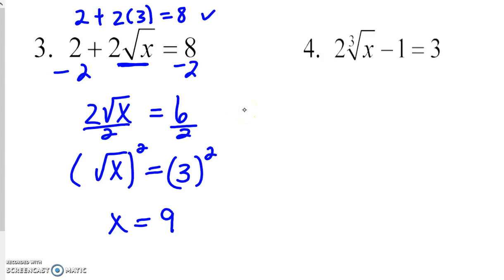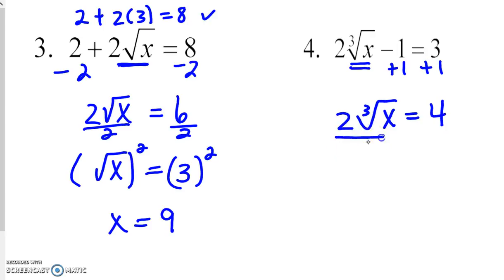So this one, same exact thing. Here is my radical, or my cube root in this case. So I want to get rid of everything else. So first I have to get rid of this so the radical is by itself. So now the cube root of x equals 4. At this point, I'm going to divide. So I divide by 2, and I get the cube root of x equals 2. And now I have the radical isolated by itself.